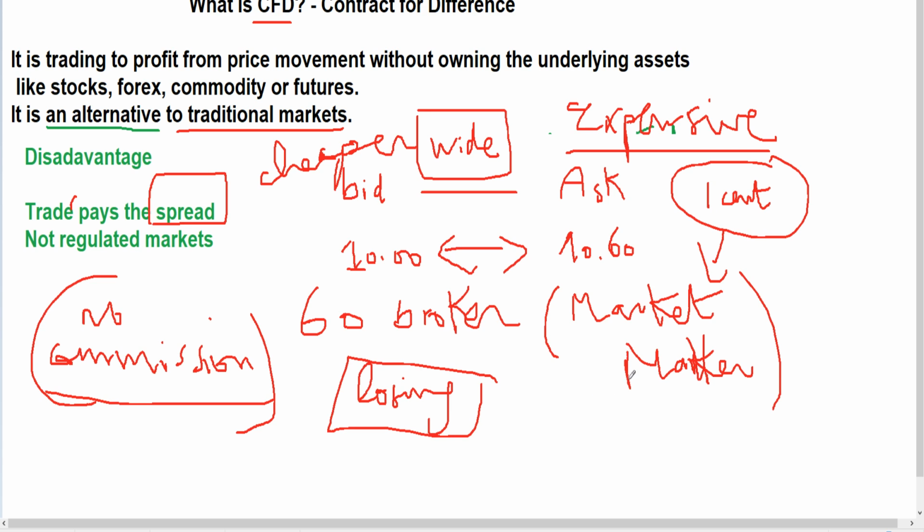Okay, so this is the first disadvantage, and this is what makes CFD bad, because whenever you buy, you are losing money. Whenever you sell, you are losing money, except when this CFD is doing good. Okay? When it moves good, this is where you can make money.